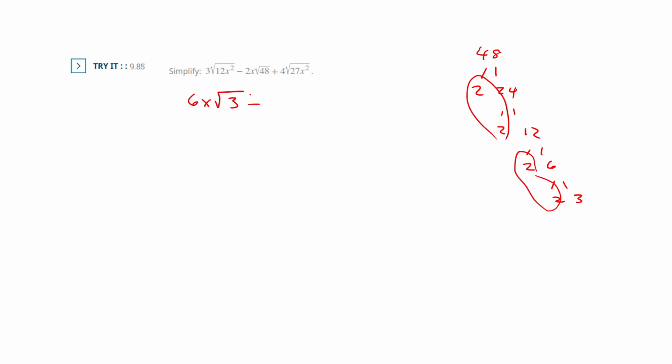I can bring out 4, so I get minus 8x square root of 3. So far I got matches. Let's see this last one. I can bring out an x and a 3. Okay, so check me on that tidying up, but this is what I think you get. The names of these are all the same. So I can combine those, and I should get 10x square root of 3. That's the name of the team.